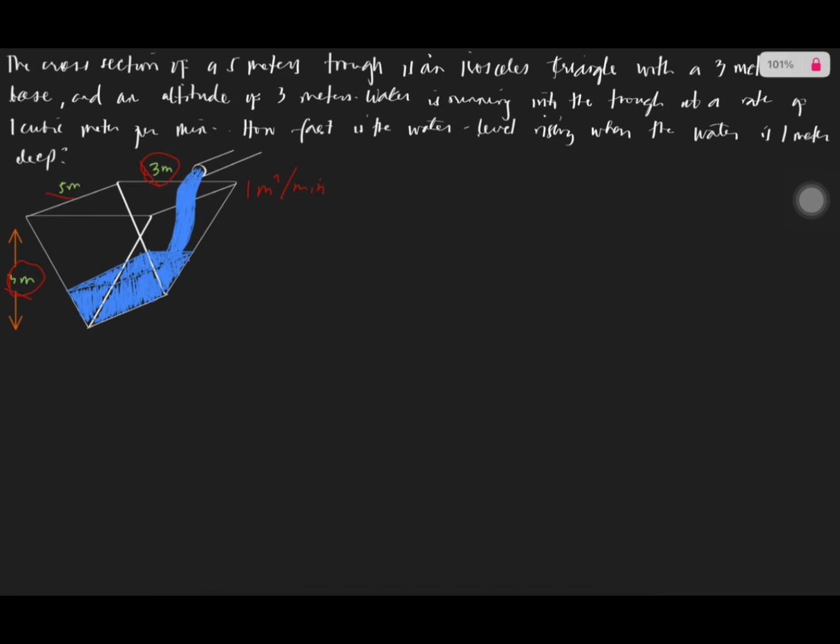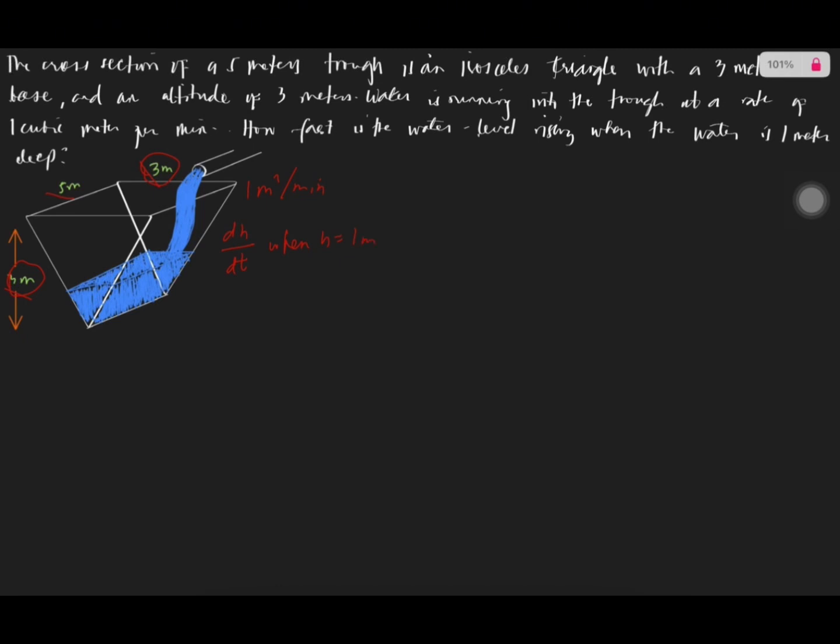And the question is, how fast is the water level rising when the water is 1 meter deep? So we're going to find the derivative of height over dt, dh/dt, when the height of the water is equal to 1 meter.